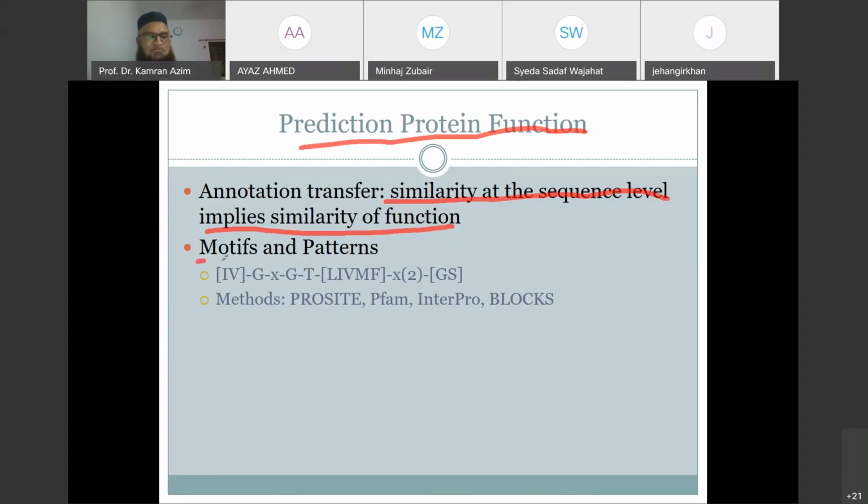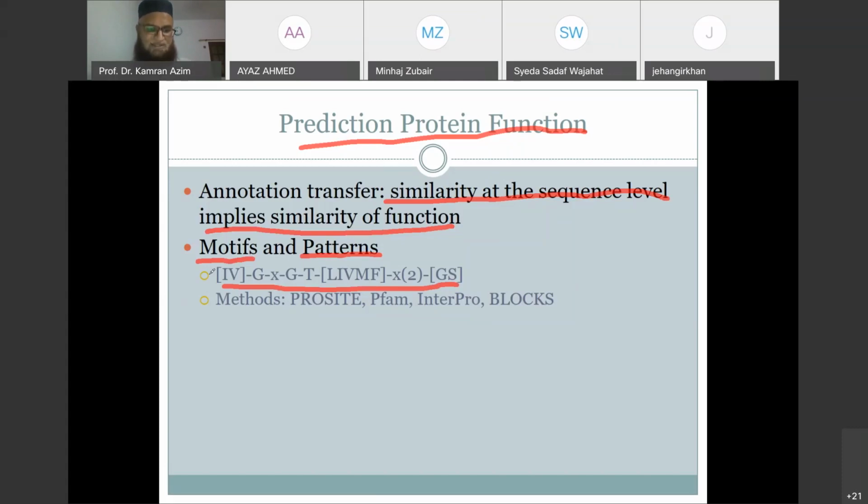We can also find out different motifs or different patterns of sequence in the proteins. This is one pattern over here, which can provide us information about the structure and function of a protein which contains this pattern.